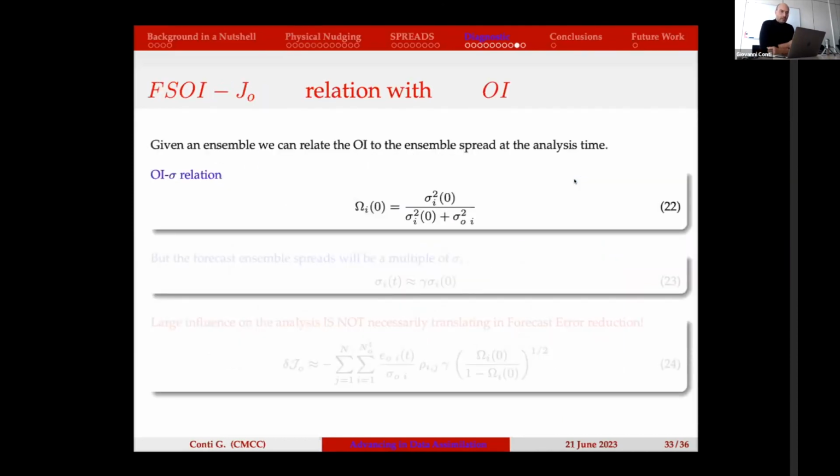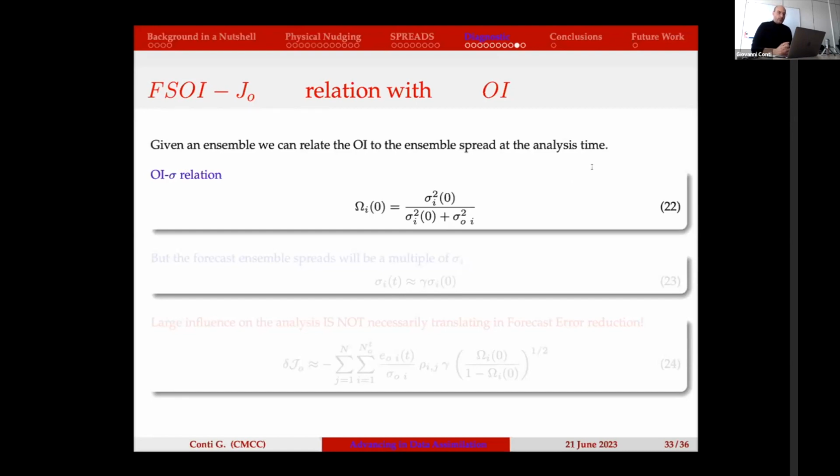But the point is that with this formulation for the ensemble filter, we can also relate this quantity to another really important quantity, the observation influence. Because if you remember, our variation was written in terms of the spread of the forecast.